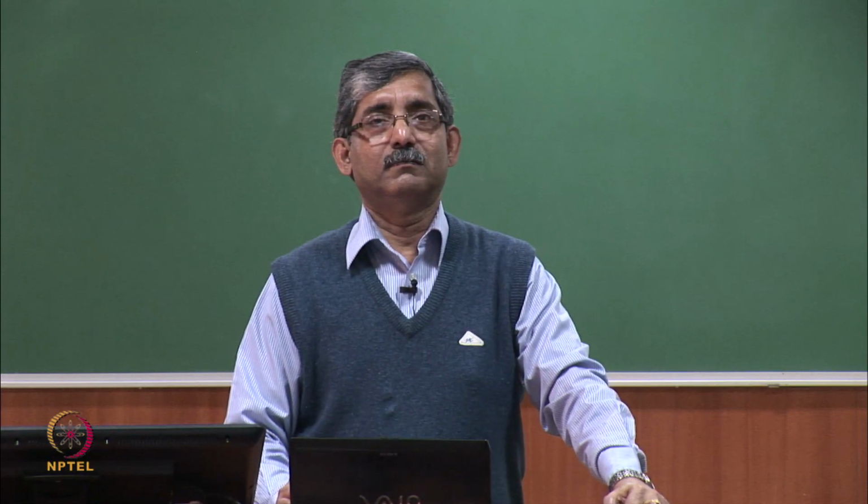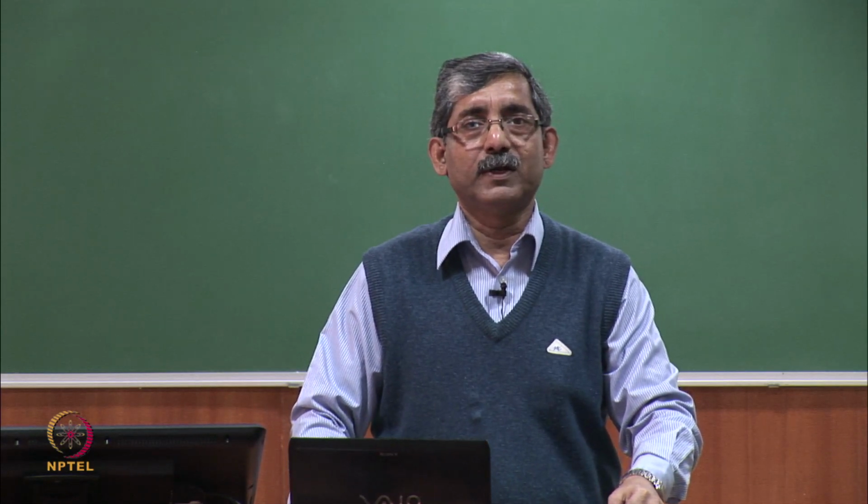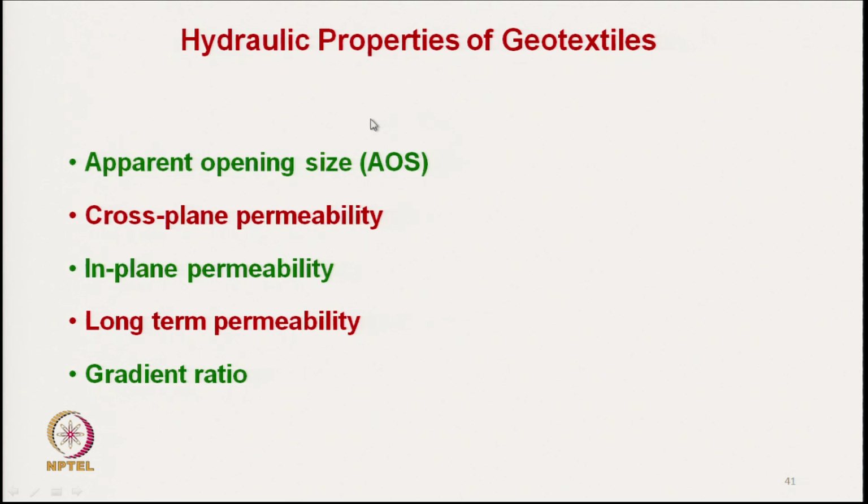These are evaluated by measuring apparent opening size of geotextiles, that is the pore size or opening size; cross plane permeability, that is the water flow characteristics across the plane which is important for filtration application; in plane permeability, that is the water flow along the plane which is important for drainage application; long term permeability and gradient ratio.